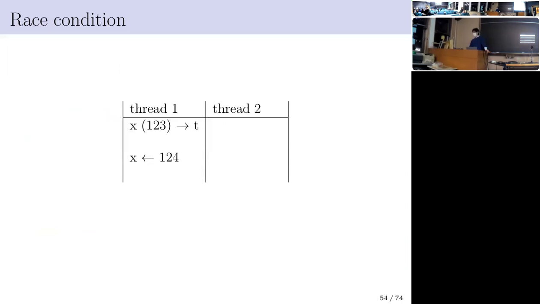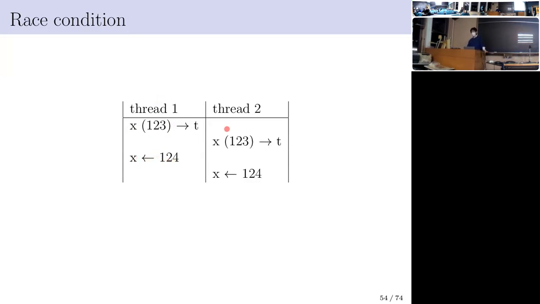Here is a simple illustration explaining how this can happen. Let's think of what thread 1 is going to do. First, it reads this variable x, and let's say this is the first guy, so it gets 123. Sometime later, almost immediately after this, it is going to write 124 to x.